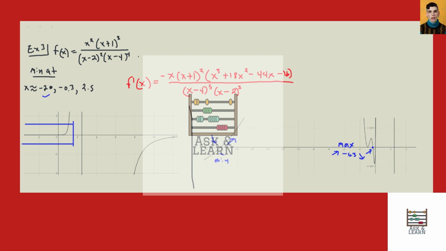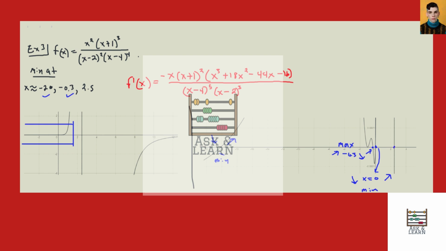And now over here at x equal to 0, they didn't list that one in the problem, but let's just go ahead and see what that is. So x equal to 0 is that point right there. It is decreasing into the point and then increasing afterwards, which means this will be a minimum.